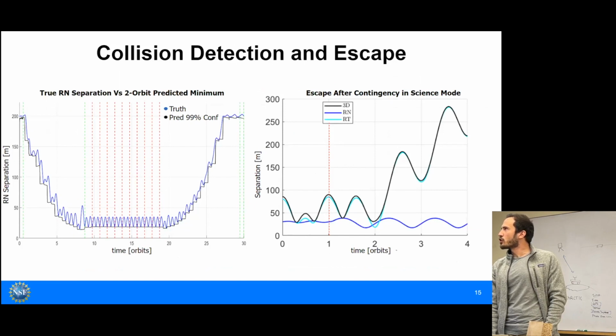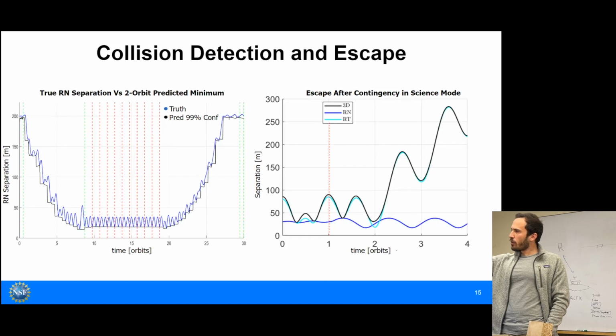Then we are showing collision detection and escape performances. In particular, on the plot on the left, we are showing that our collision detection block is capable of providing a lower bound on the minimum separation on the uncontrolled trajectory with 99% confidence, which is always below the actual minimum separation.